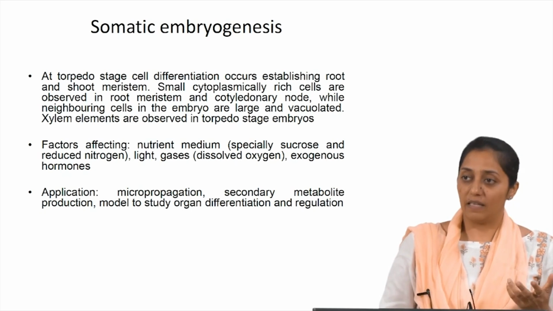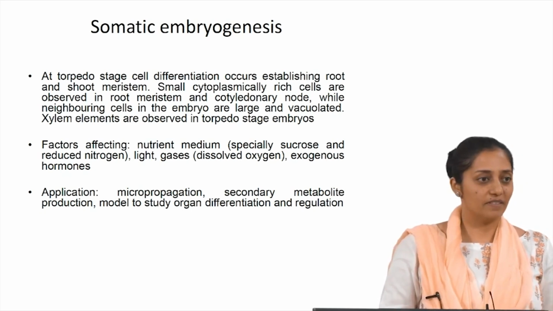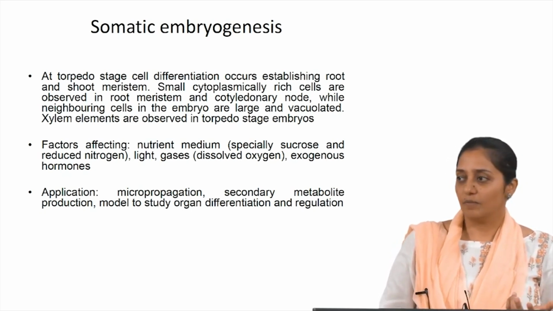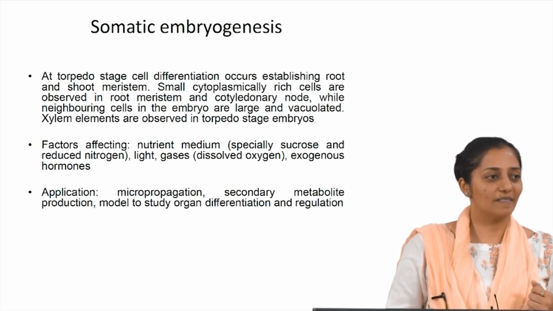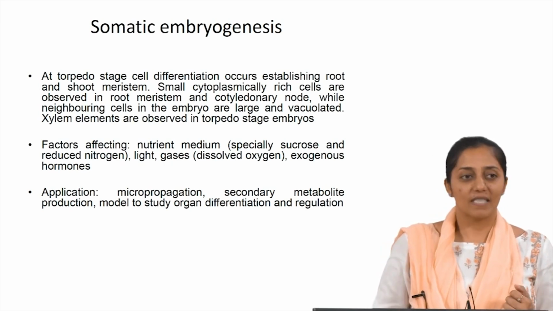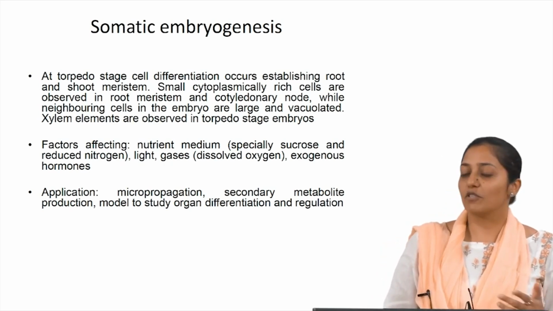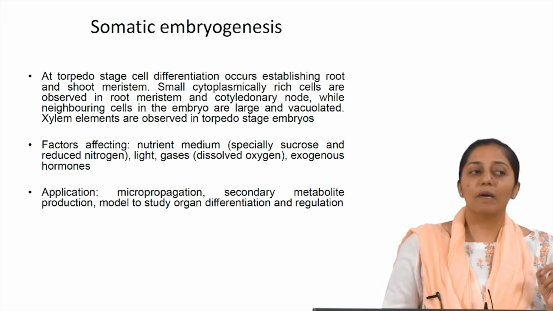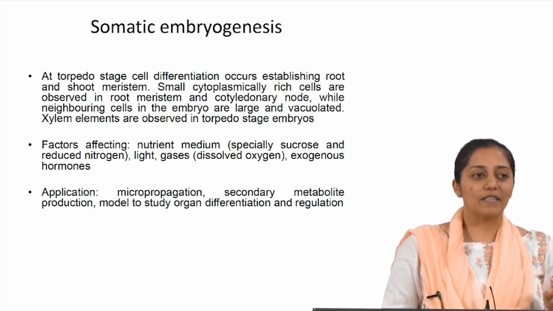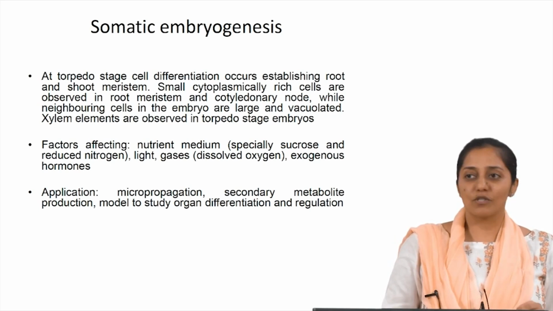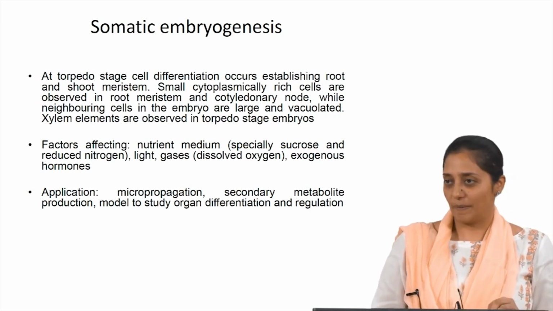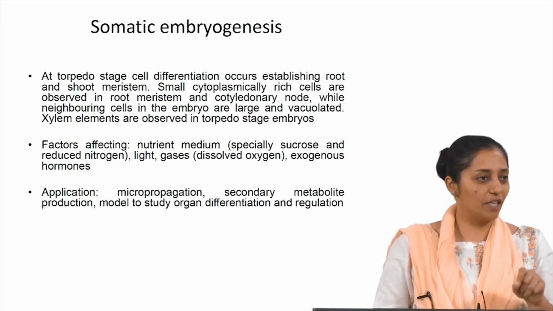So, logically can you propose a solution to it? What should be the starting material? What kind of cells? All cells, meristematic or much closer, which will have higher probability? You remember we had talked about cells with embryogenic potential, which are determined to produce embryos, and those which are induced to produce embryos, predetermined embryogenic potential.